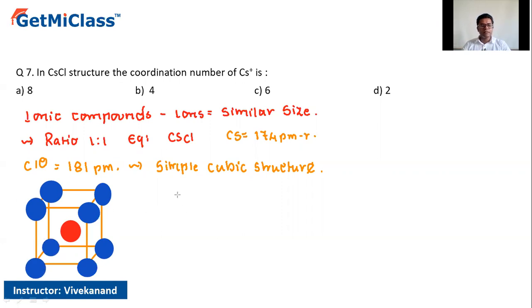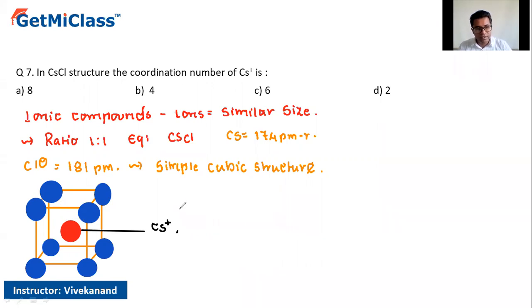These are the cubes, right? So now, in the center one, we have the cesium. This cesium is going to be connected to all these particular atoms.